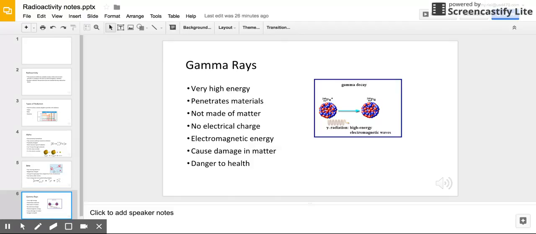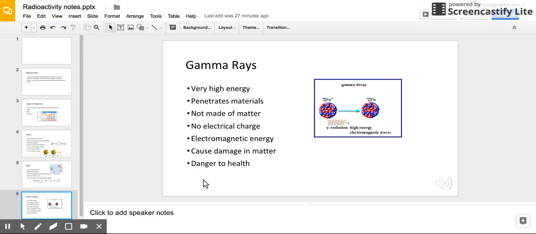Gamma rays are the highest form of energetic radiation. They have no mass and no charge, so that allows gamma rays to penetrate very deeply, and they can cause damage to matter or cause tissue damage.